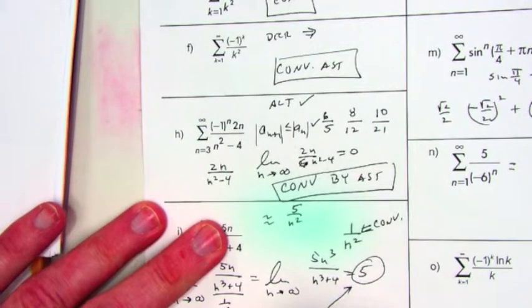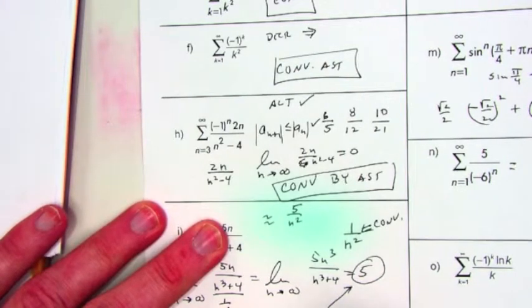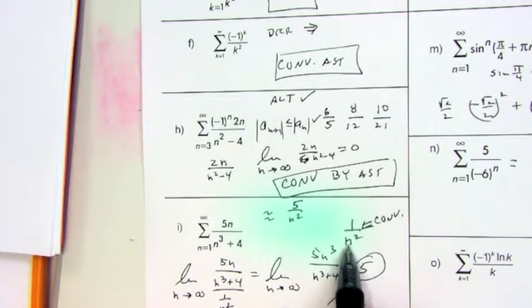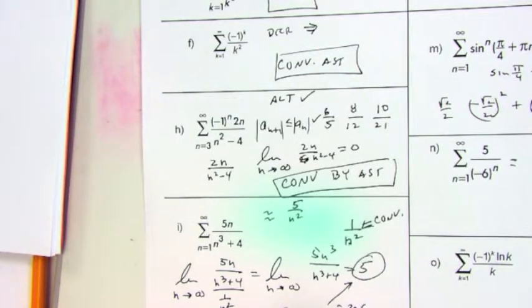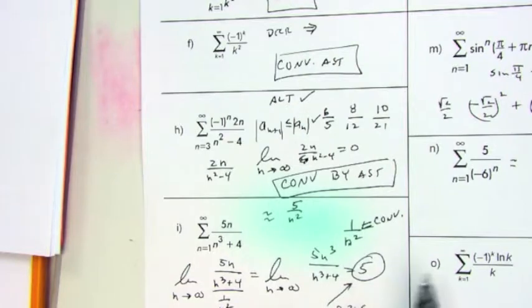Since it is finite and positive, it has the same behavior as this, which converges, so we're going to say it converges like 1 over n squared. If we compared something to 1 over n and it converged, we'd say finite and positive, and it diverges like 1 over n, because this will prove both.